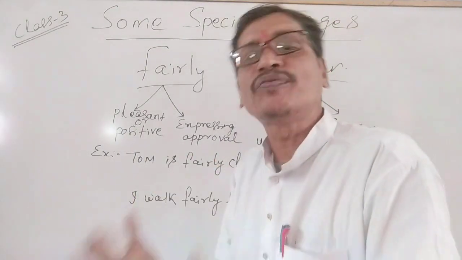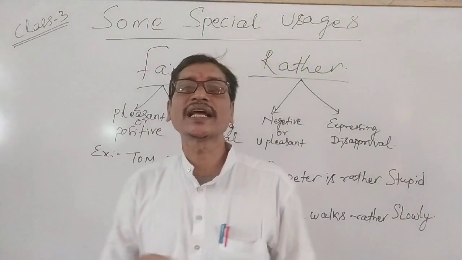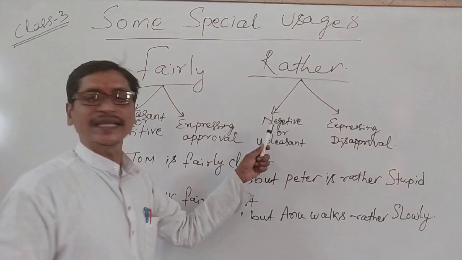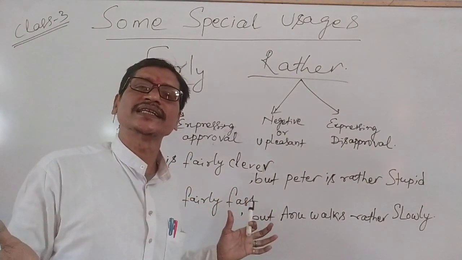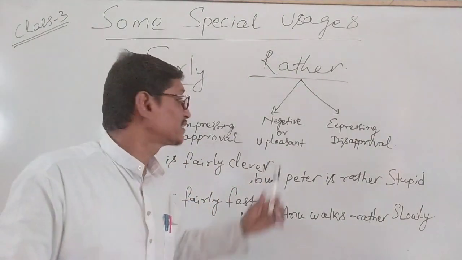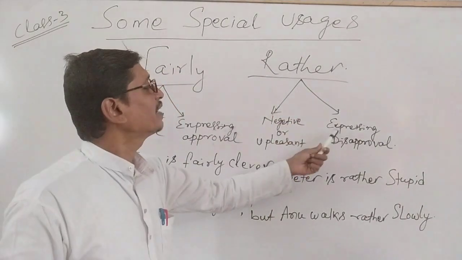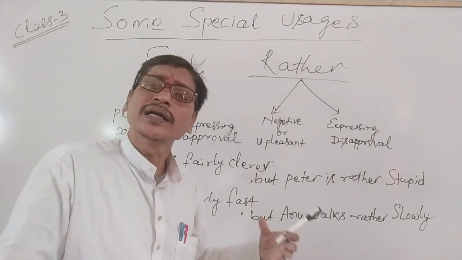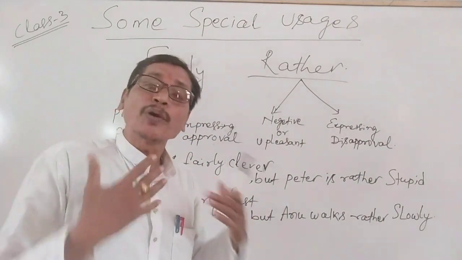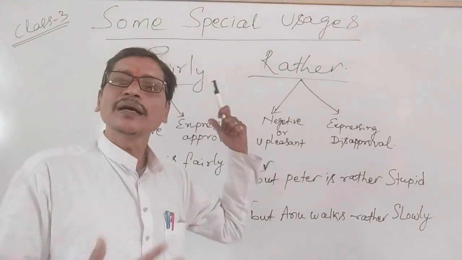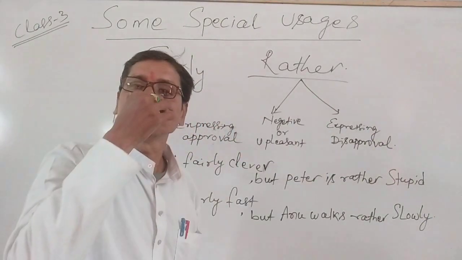That means we approve of that. Similarly, we use rather when we think something is negative or unpleasant, and also when we express our disapproval. For expressing approval, we use fairly. For expressing disapproval, we use rather.